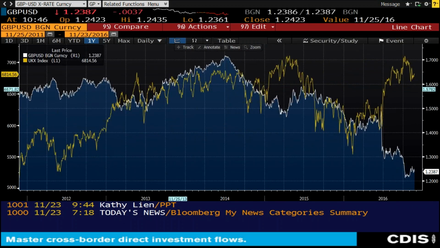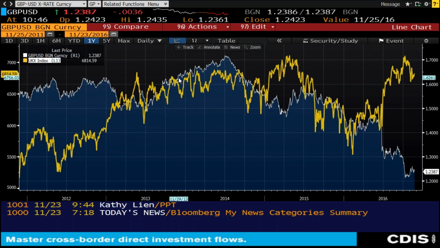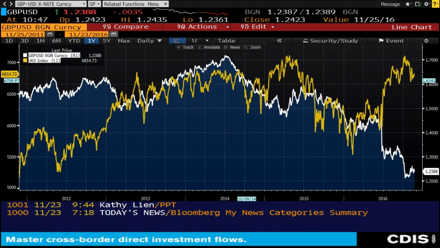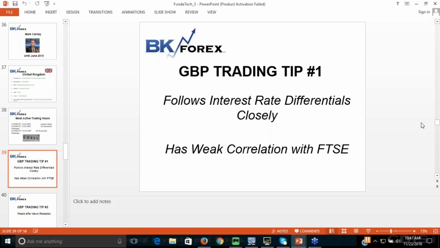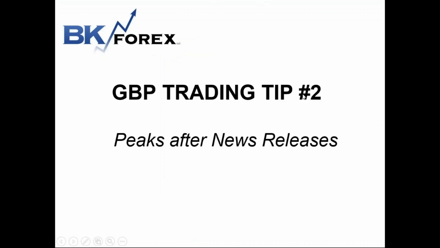The FTSE, which is the yellow line, is a lot more volatile than pounds. A lot of erratic up and down movements, like right around here and then right around here. So it doesn't have very good correlation with UK stocks. So don't worry about where UK stocks are going, but do pay very close attention to what the interest rate differentials are.